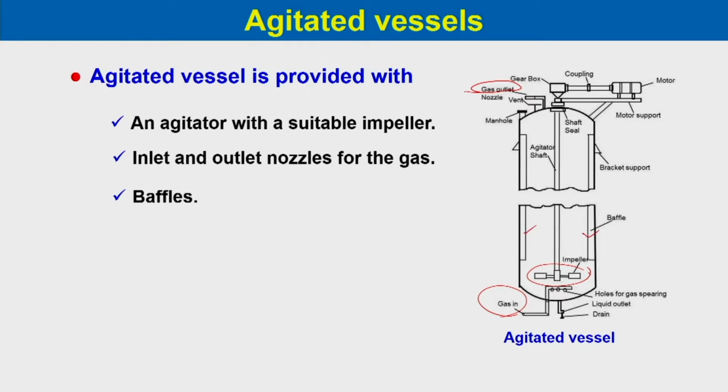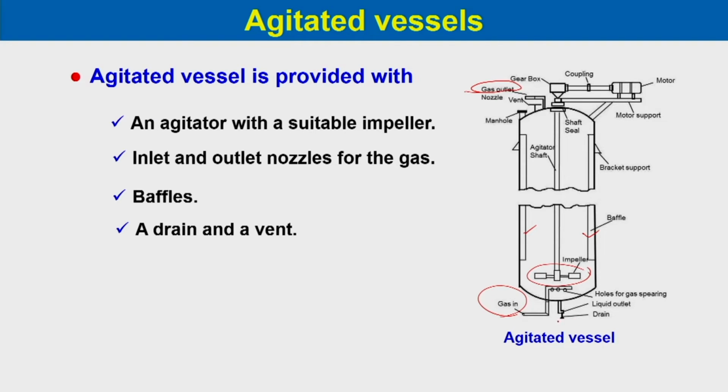Both sides you can see there are baffles, and we will see later when we discuss the baffle and impeller arrangement how the baffles help in the mixing process for the gas and liquid. So, these baffles help us improve the mixing between the gas and liquid.